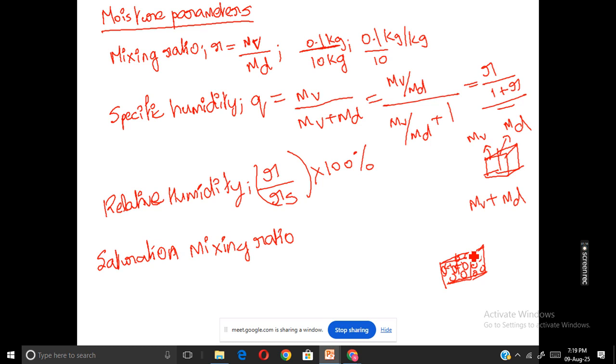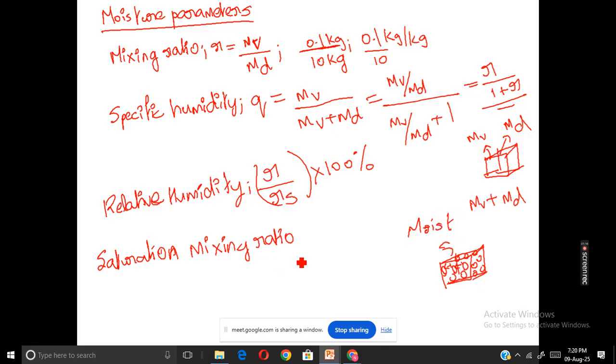Now, how does water vapor enter this parcel? Water vapor enters the parcel through evaporation. When moisture from the surface gets evaporated, that's how it comes into the air parcel. So the dry parcel now became moist.